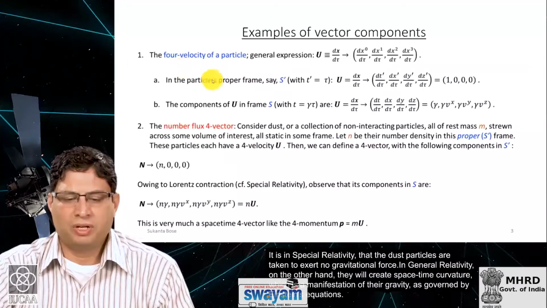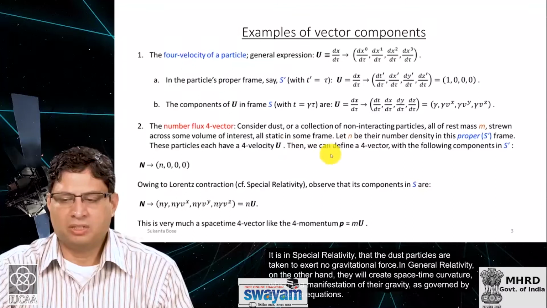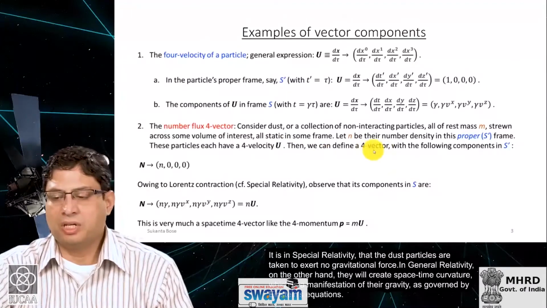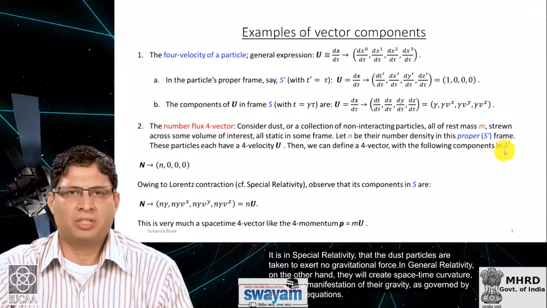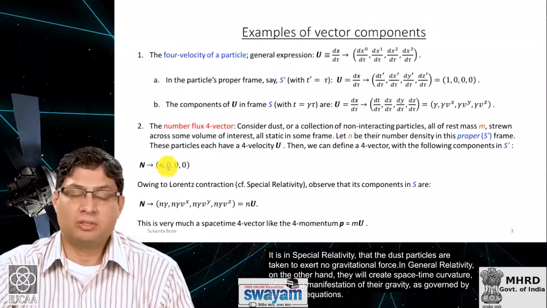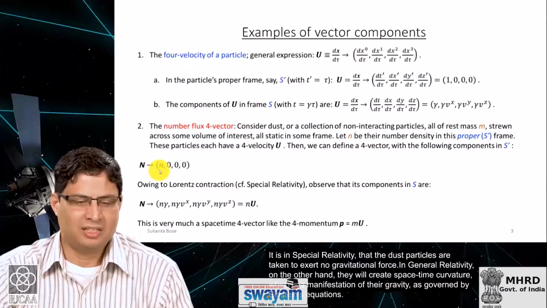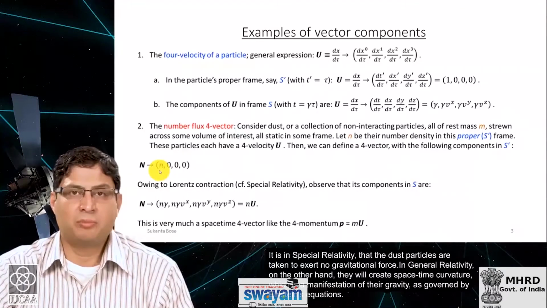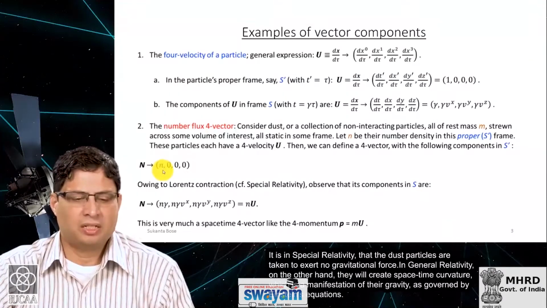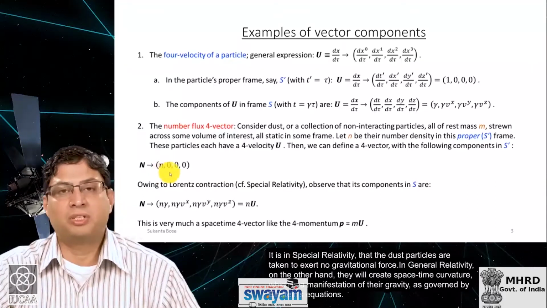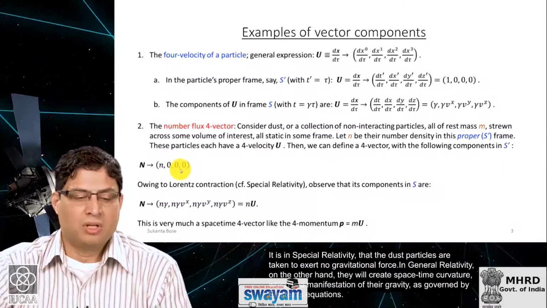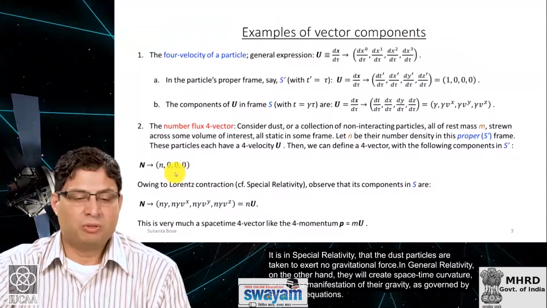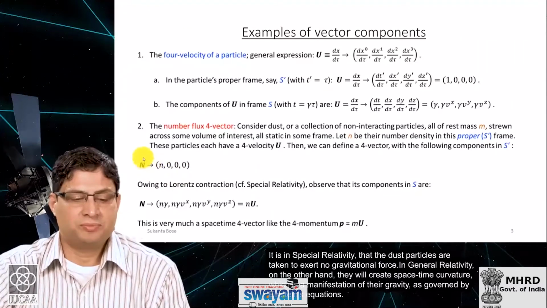So, we can go on to define a new 4 vector which in the S prime frame has the following components. The first component is the number density of these particles n, in this case in the proper frame, and the other 3 spatial components of this new vector are all zeros. We label this what will be known as the number flux vector.